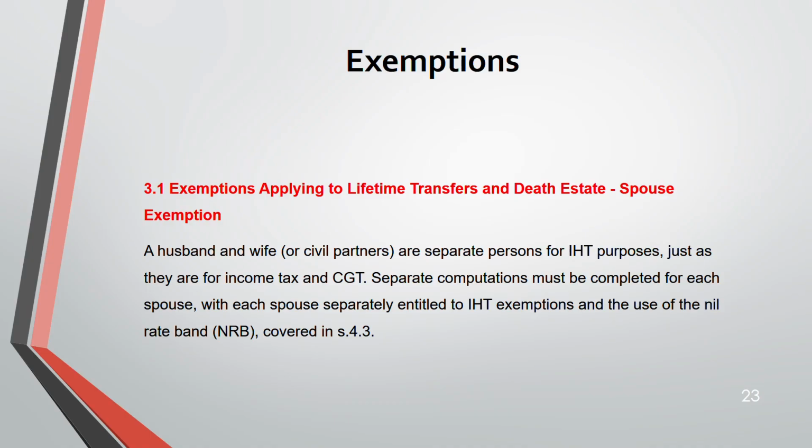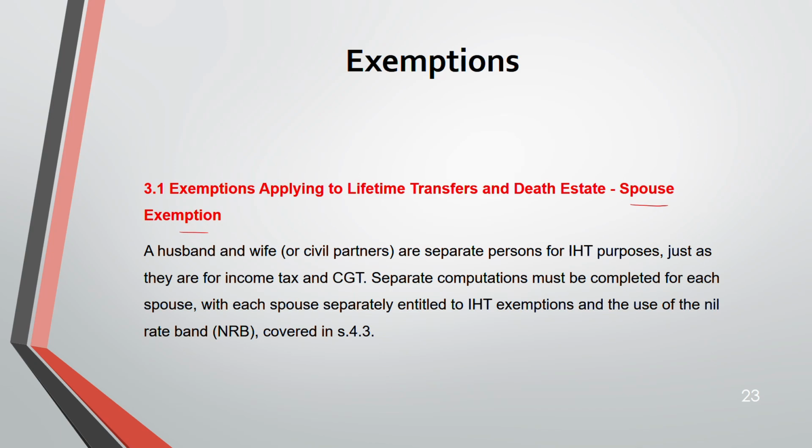And in IHT, what is the advantage? Anything that is transferred among the husband and wife will be covered through the spouse exemption, and will not be taxable to IHT because you are eligible for the spouse exemption.